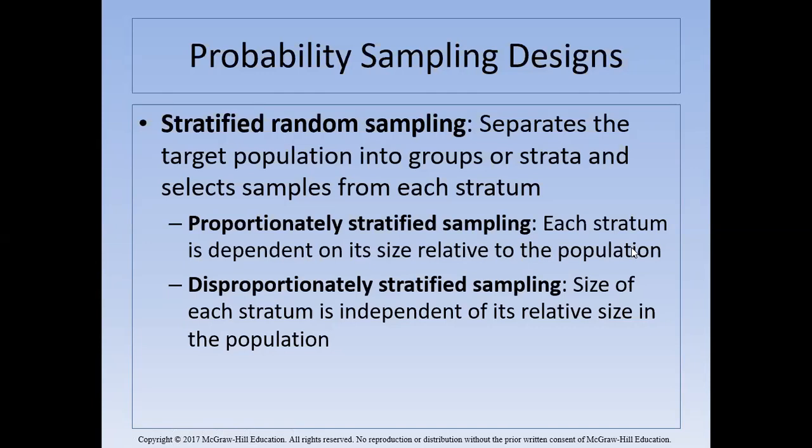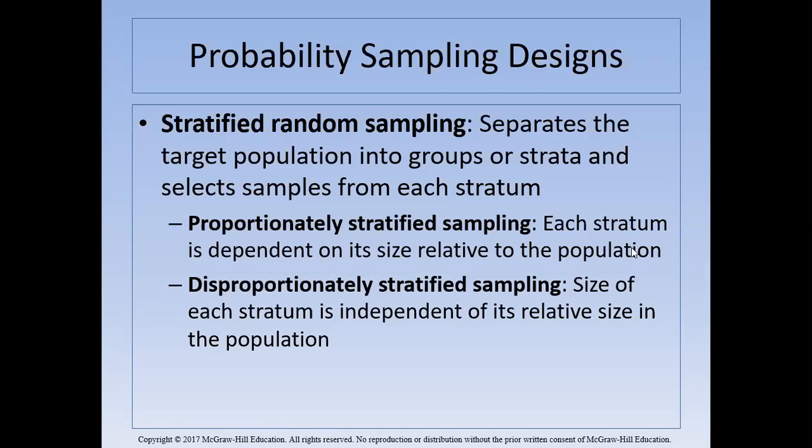So if I separate them and find there are 100 white, 1,000 Indian, and 10,000 Arab, I'll take 5% of the white, 5% of the Indian, and 5% of the Arab.